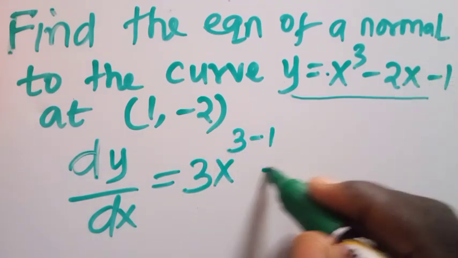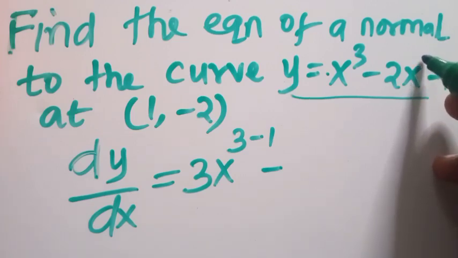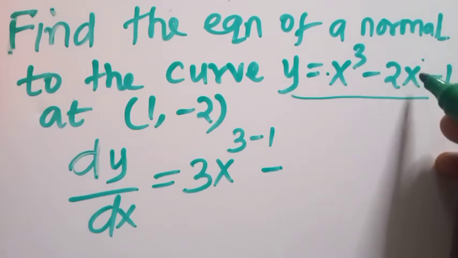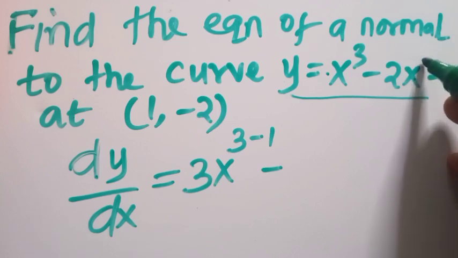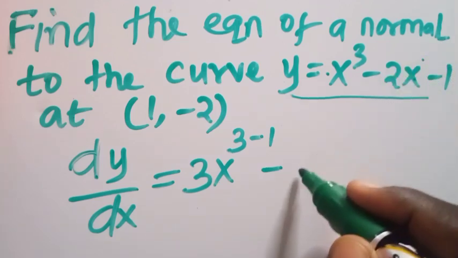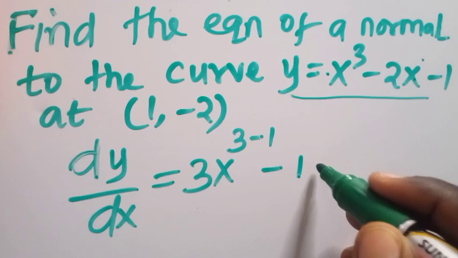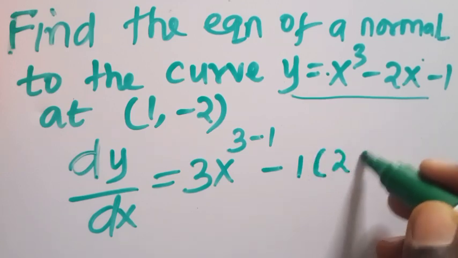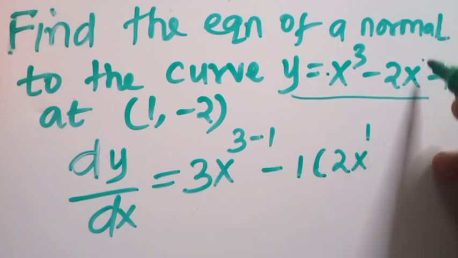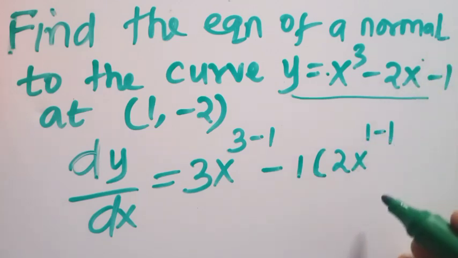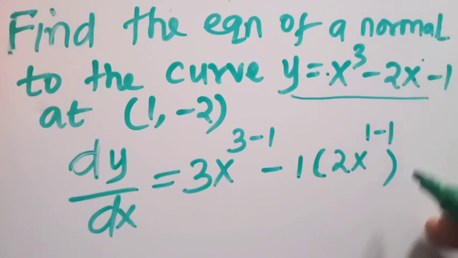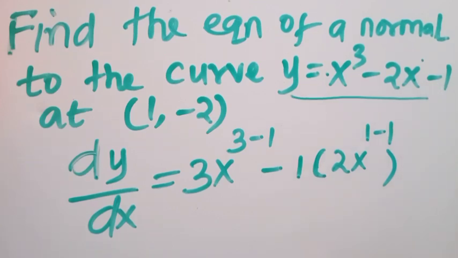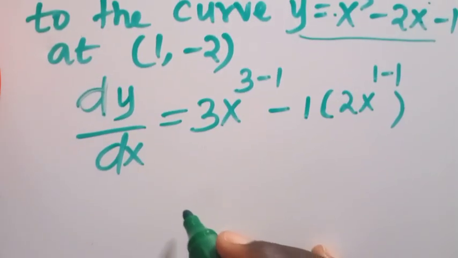Then minus, the power of x here is 1, so if we bring this 1 down, it will be 1 times 2x raised to 1, then we reduce the power by 1. If we differentiate a constant, which is -1, we get 0.